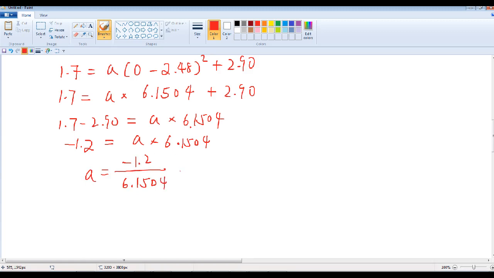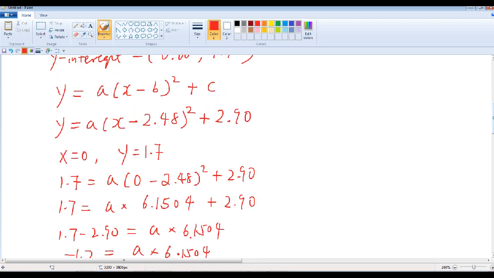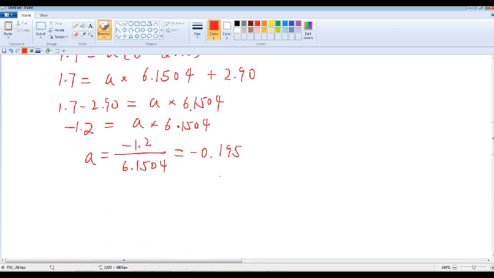That number is minus 0.95. But normally, since all the coordinates are only correct to 2 decimal places, for the consideration of consistency, you might just use 2 decimal places. So A is just minus 0.20. Therefore, you have a vertex form.